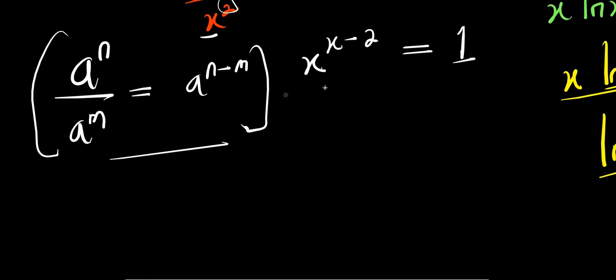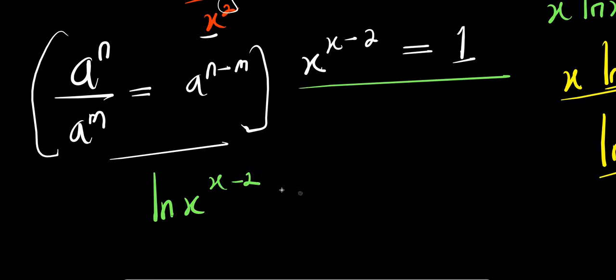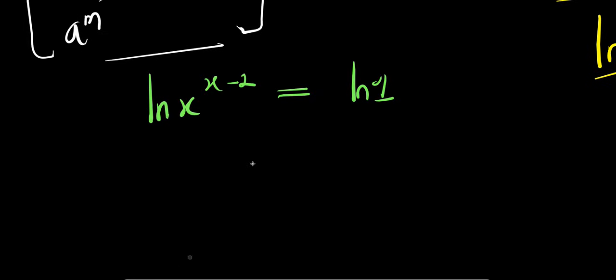Now at this point, I can apply natural log again: natural log of x power x minus 2 equals natural log 1. And like I said earlier, if you have natural log a power p, this equals p times natural log a.